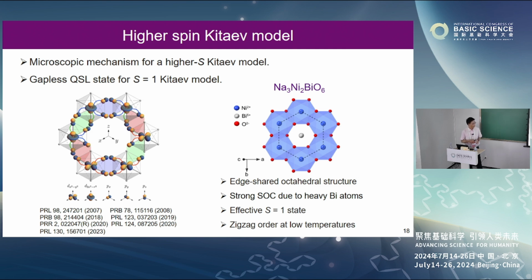So in principle, they don't have very strong spin-orbit coupling. However, due to the proximity effect of the heavy anion atoms, you can have some spin-orbit coupling, and it has an effective spin-one-half state. And most importantly, they also have zigzag order at low temperatures.